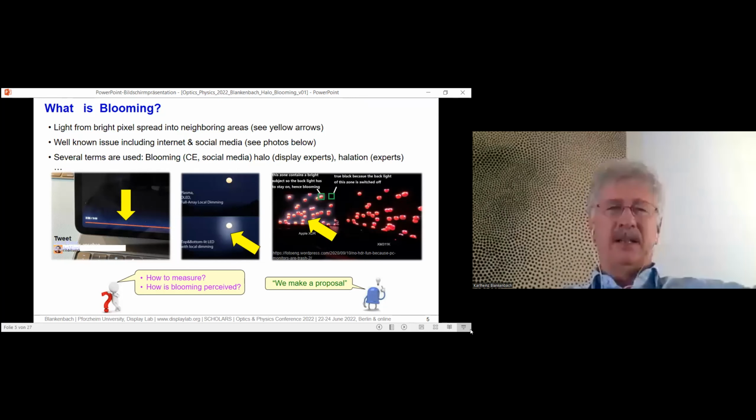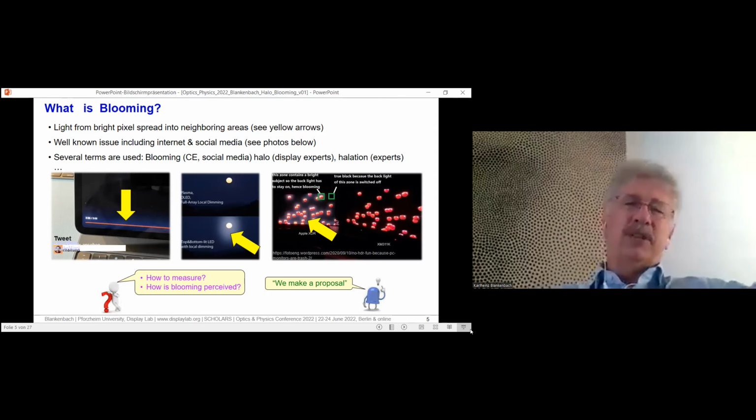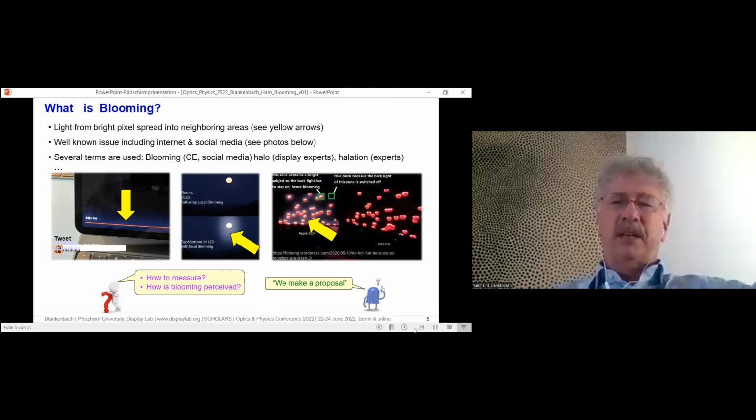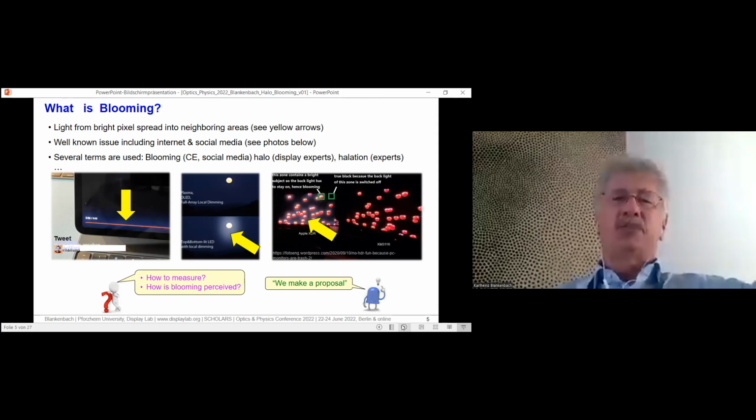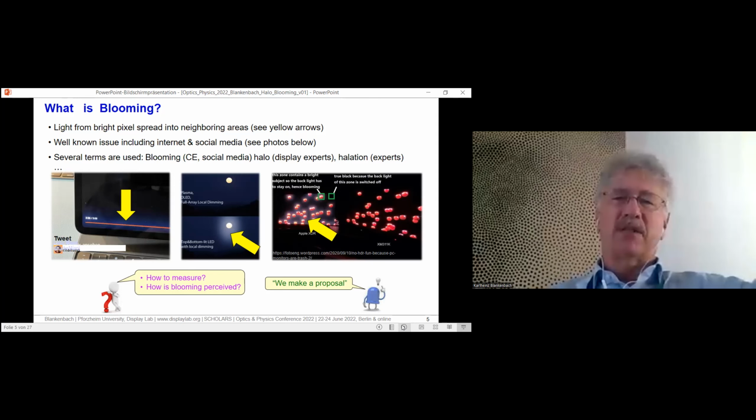That's not typical. Under normal conditions for a well-made LCD or OLED, blooming is hardly perceivable, except for night drive, medical imaging, and the movie industry. This halo is essential to be quantified and measured, and that's our talk.